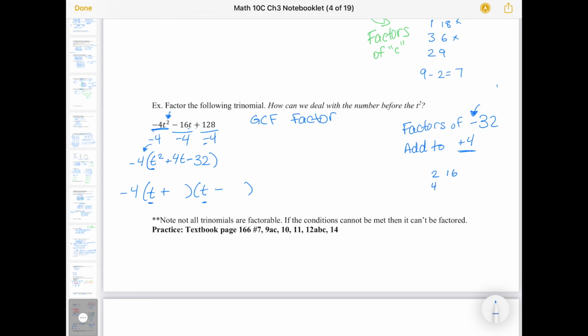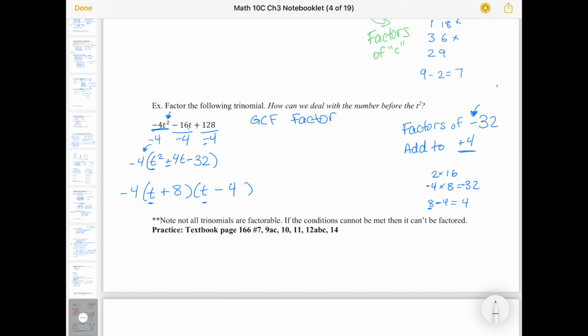Well, 32 is 4 and 8. 4 times 8 is 32. And that's promising because 8 minus 4 is 4. And since I need a negative 32, I put my negative with my 4. And again, this is a positive number, so my bigger factor is going to be positive, and my 4 is negative.